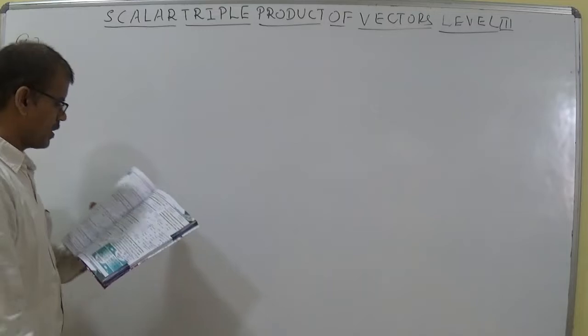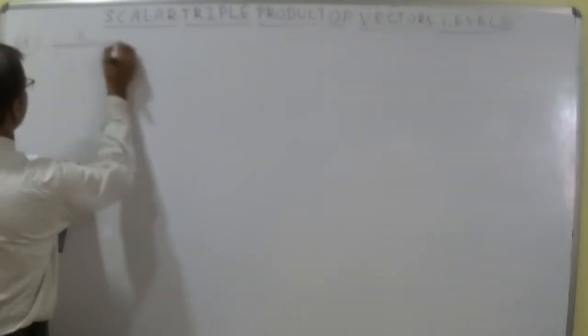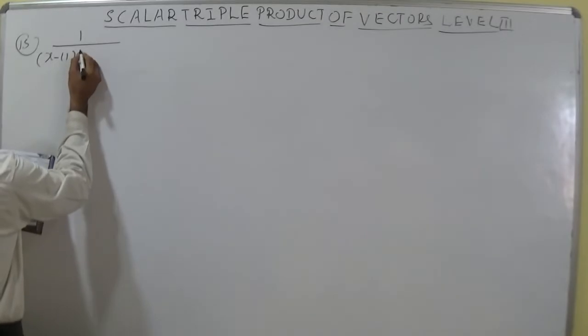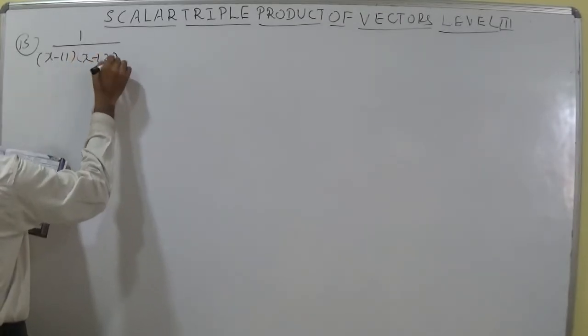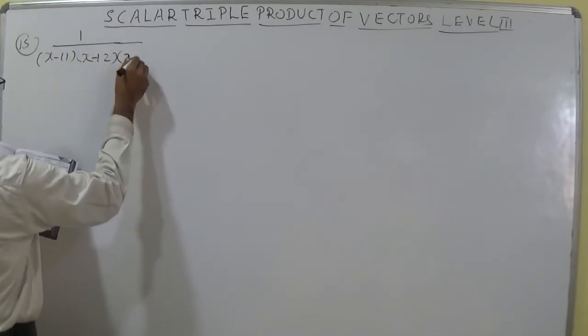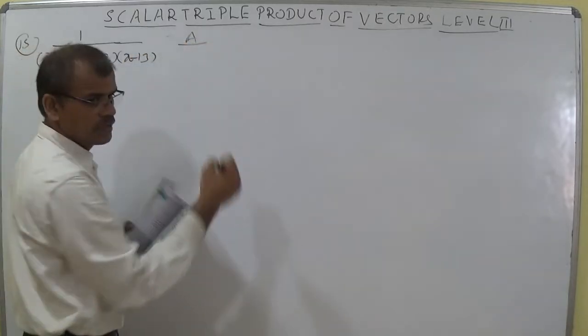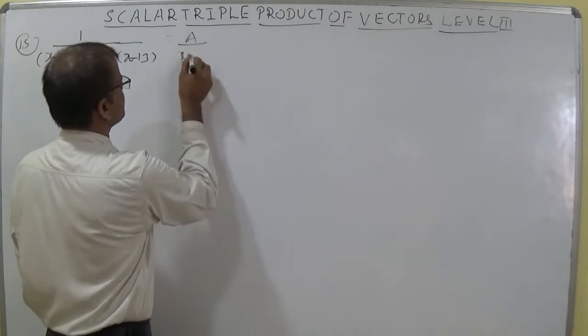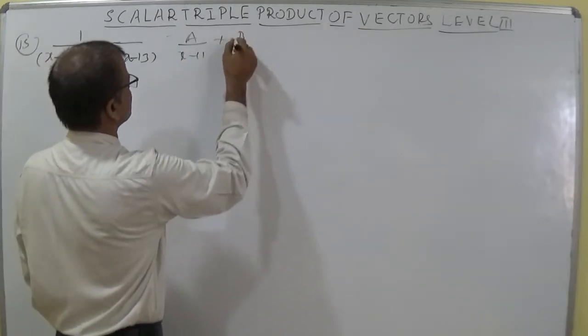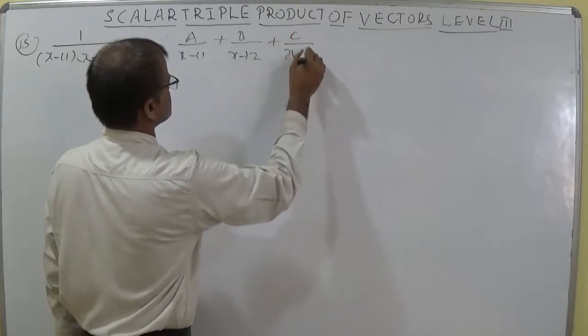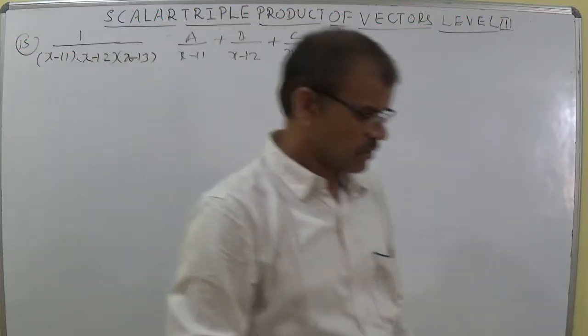If 1 by (x minus 11)(x minus 12)(x minus 13) is equal to a by x minus 11 plus b by x minus 12 plus c by x minus 13.